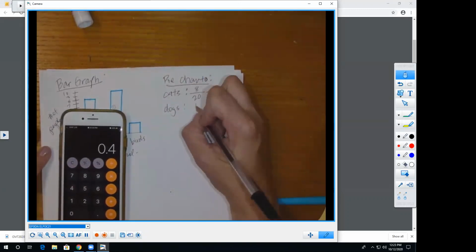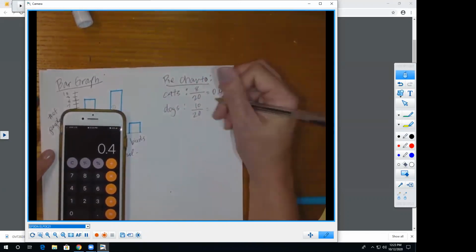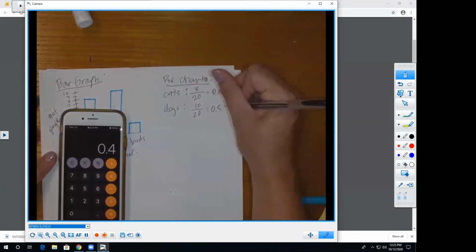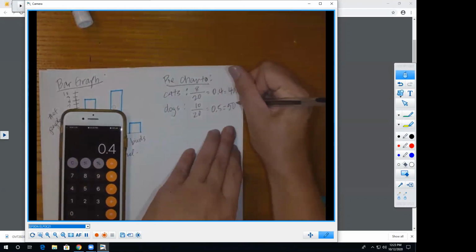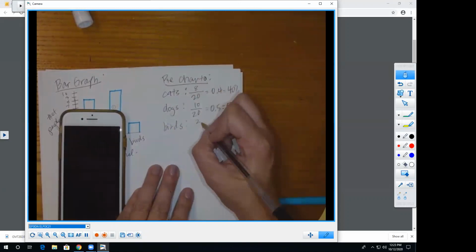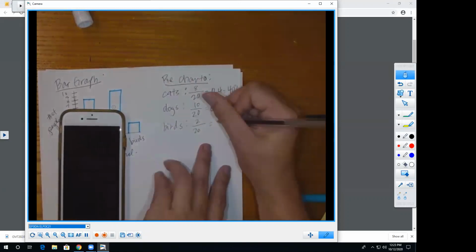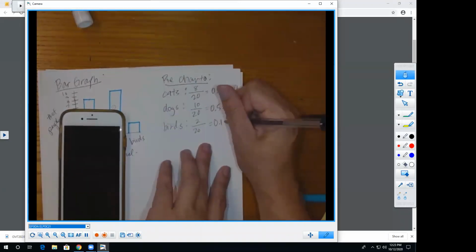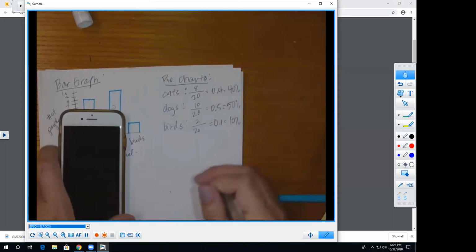Dogs was 10 out of 20, which I hope you can see that's 0.5, which is 50%. And so birds would be 2 out of 20, which is 0.1, which is 10%.